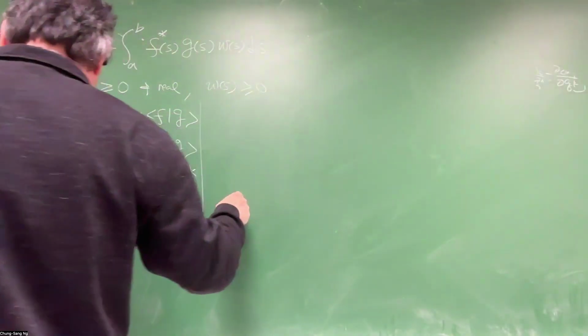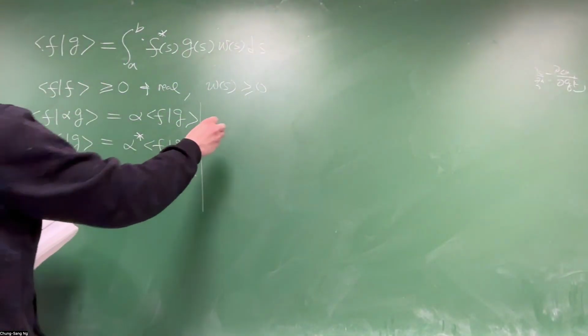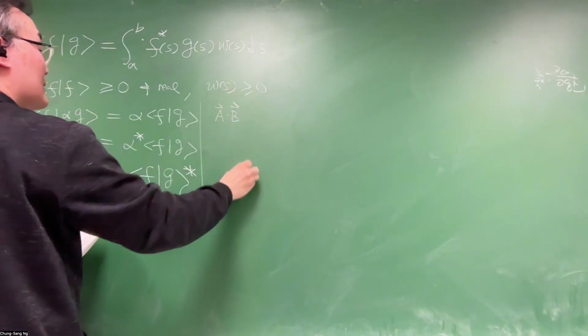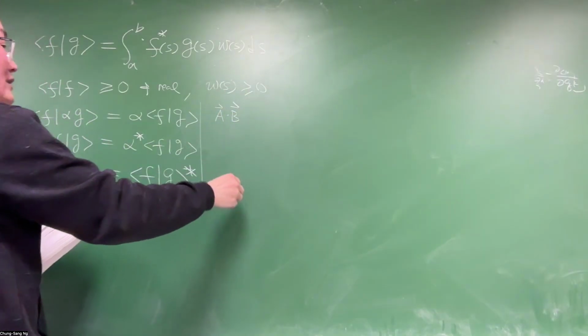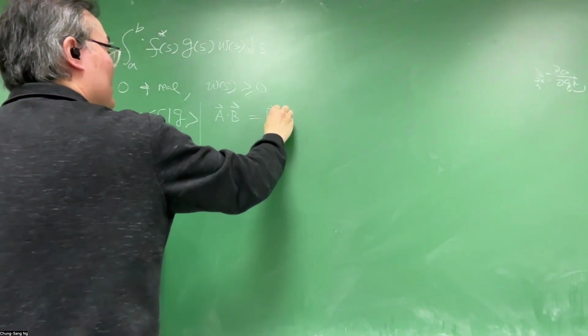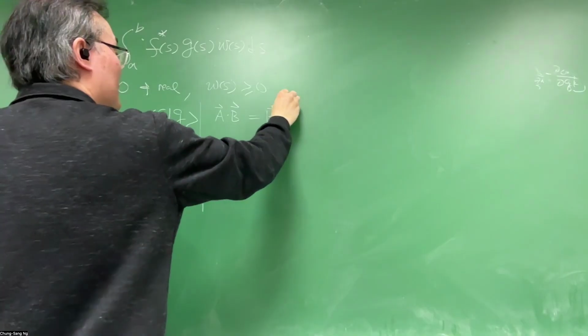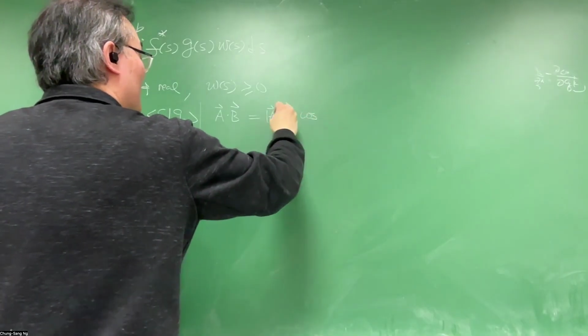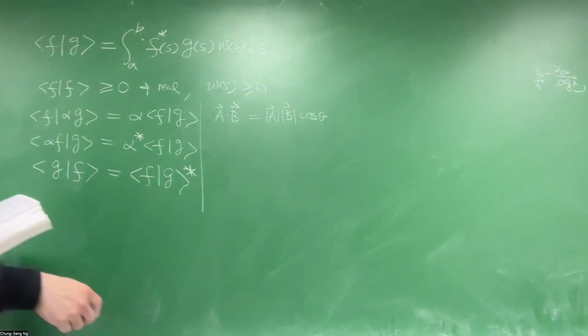Basically, in the usual vector space, you have two vectors, A dot B, right? By our definition of the dot product, A dot B is the magnitude of A times the magnitude of B times cosine theta, where theta is the angle between them.